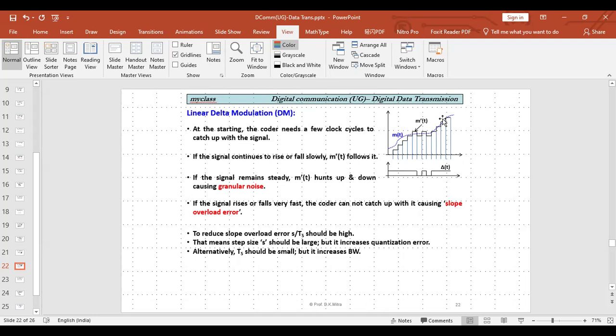That means instead of 1 millisecond, you sample at every 500 microsecond. Then your measurement sample rate is higher and you have to transmit more digital bits through the channel per second. So bandwidth will be higher.